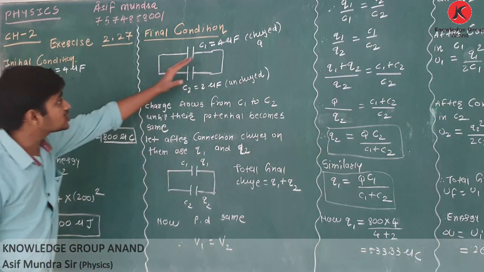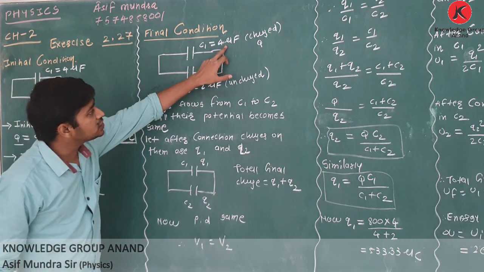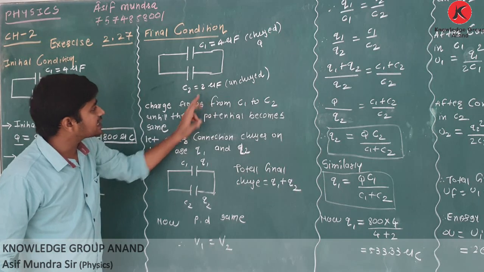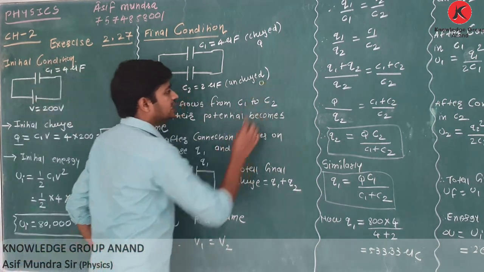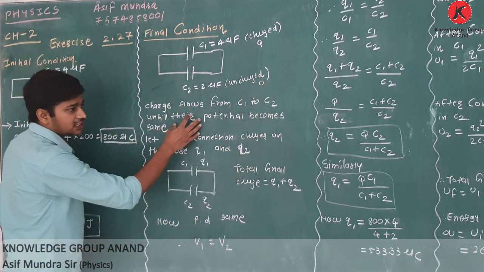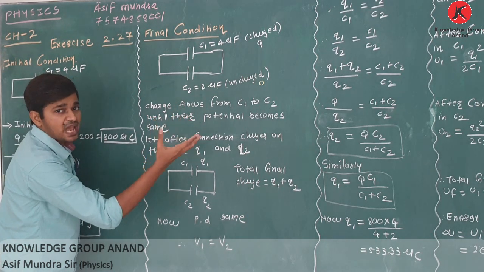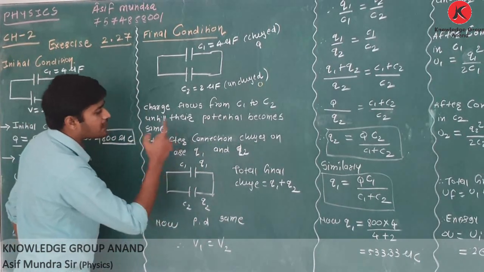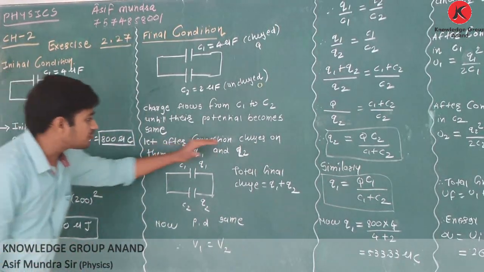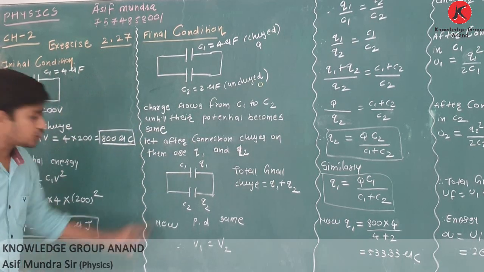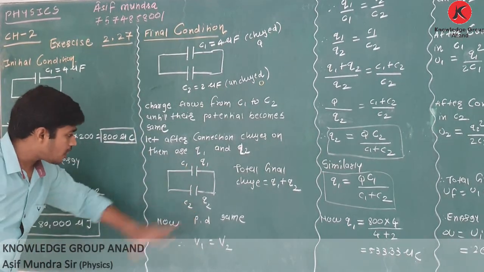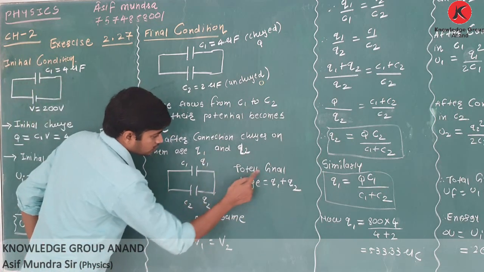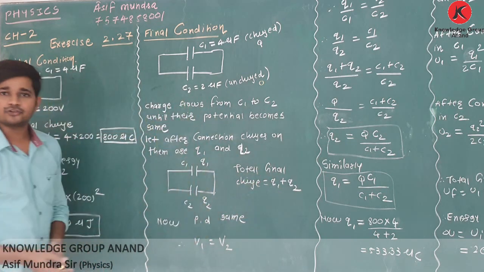As charge is flowing, the initial charge on this capacitor was Q. Initially this capacitor was uncharged, meaning total charge was 0. Let after connection the charges on them be Q1 on this capacitor and Q2 on this capacitor. So the total final charge is equal to Q1 plus Q2.